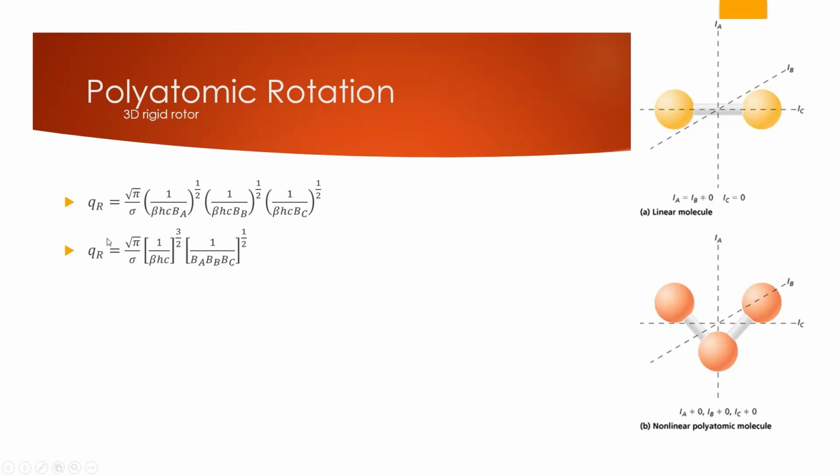So our partition function for rotation isn't necessarily as simple as 1 over beta HCB, but it's more or less the same thing. If we have 3-dimensional rotation, we need this sigma parameter that talks about the identicalness, the symmetry there. We have a square root of pi, and then we have 1 over beta HCB to the 3/2. Again, you can see the similarities to translation when we talked about 3 dimensions there as opposed to 2. And then we have B_A, B_B, and B_C here, which could be the same or they could be different based on the molecule.